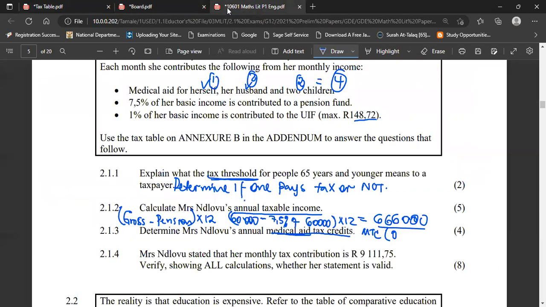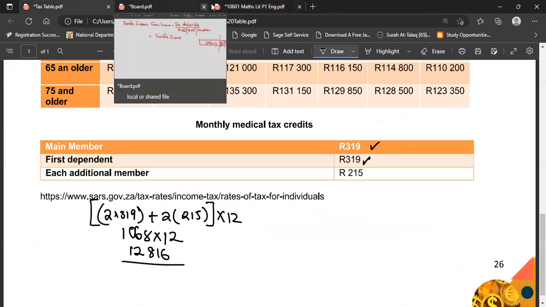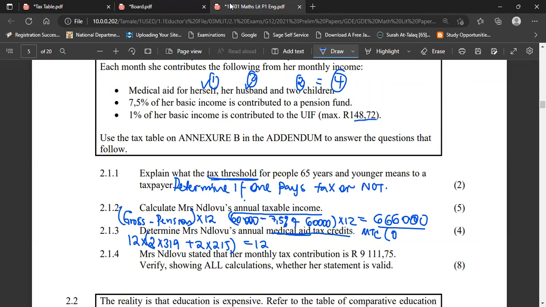We see it was 2 times 319 plus 2 times 215, multiplied by 12 because we are looking for annual. It became 12,816. This is medical, and it's added onto the rebate. It's a relief for those who pay medical aid.